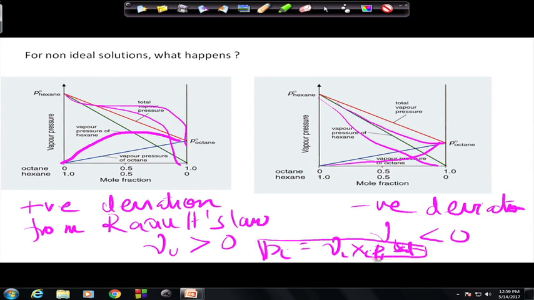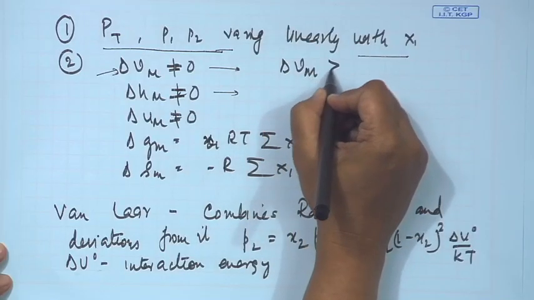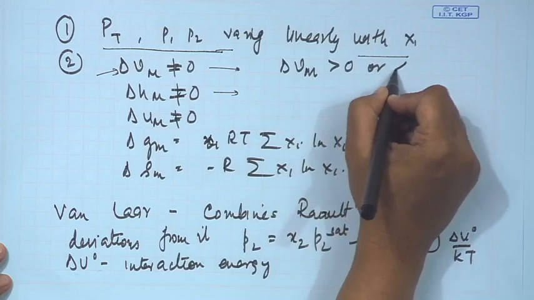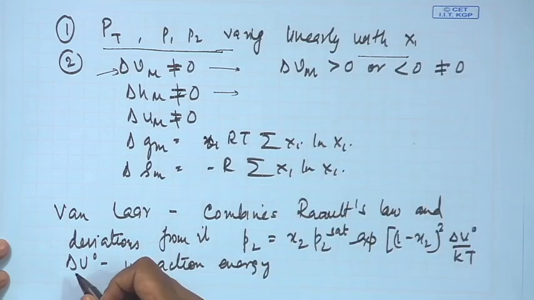So, the equation for the non-ideal case becomes this. Along with that, just the way I have written down, there are some volume changes of mixing. Definitely, in those cases, we will not have delta Vm equal to 0, we will have some delta Vm, which may be either greater than 0 or less than 0, but it will not be equal to 0.